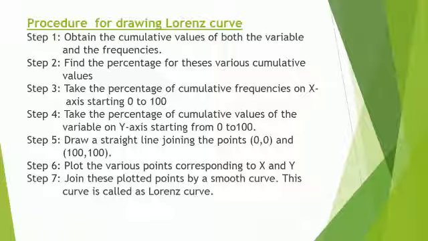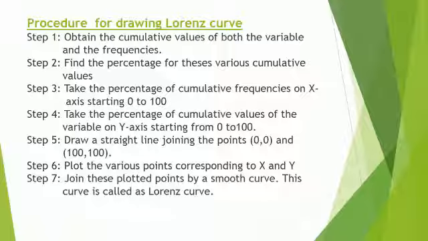Third, take the percentage of cumulative frequencies on the x-axis from 0 to 100. Most important point: the x-axis is 0 to 100 and the y-axis is also 0 to 100, that is 0, 10, 20, 30, 40 up to 100, because we convert into percentages.